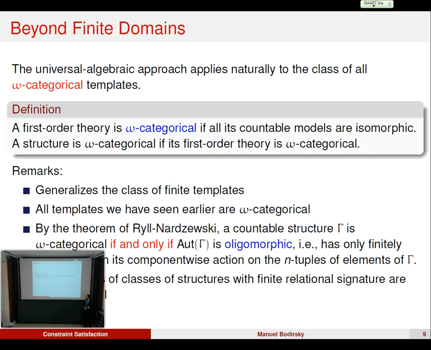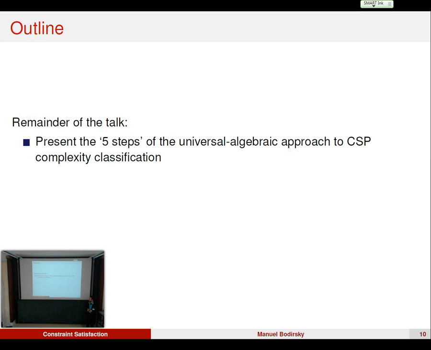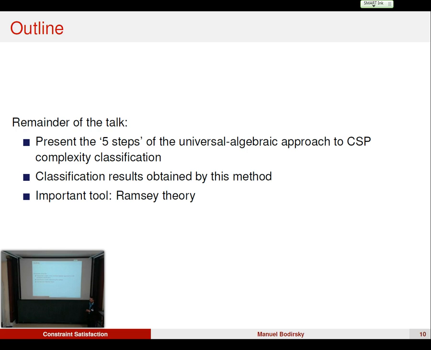So now what is the remainder of the talk? As I said, I will give an introduction to this universal algebraic approach, and this can be decomposed into 5 important steps. Then I will present some classification results that have been obtained by this method for omega categorical structures. And there, I think, will be a link to many other talks of this workshop.